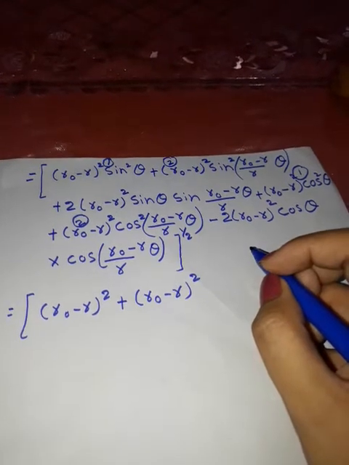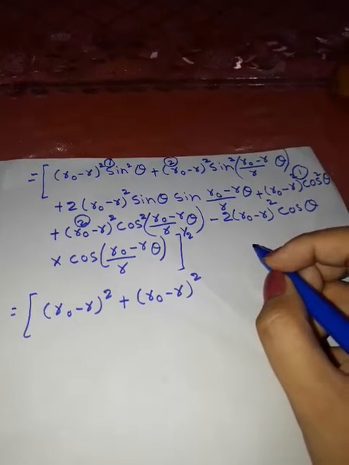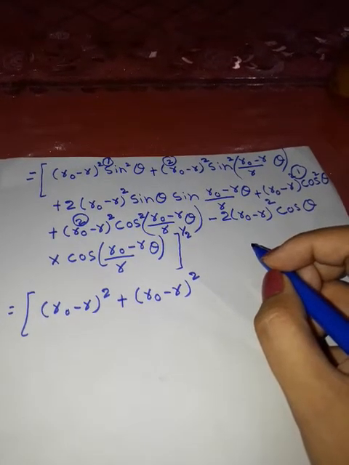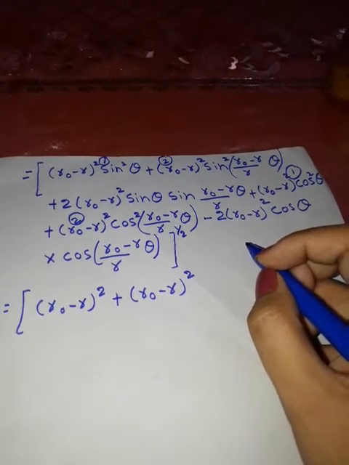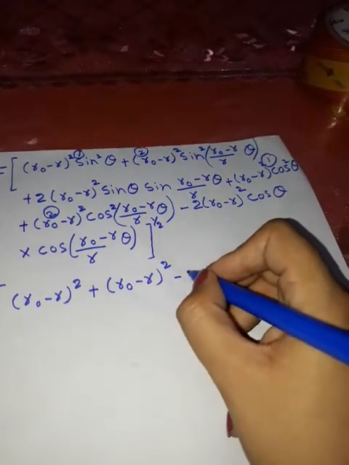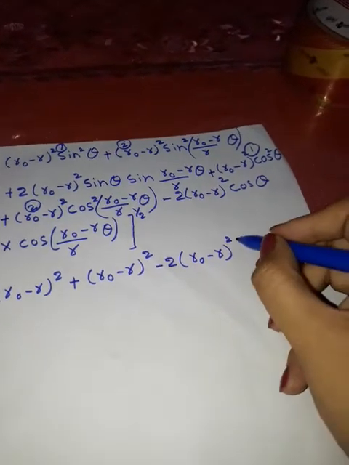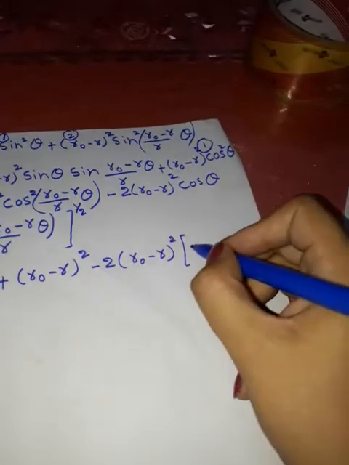So here I can apply the formula for cos alpha minus beta. I am taking minus 2 r naught minus r square common. So what I get?